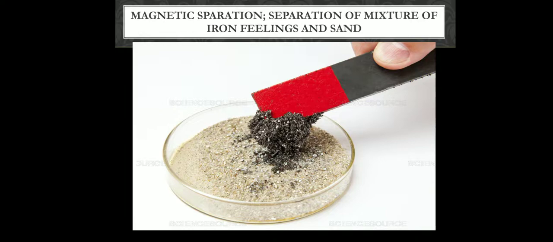You will observe that the iron filings get attracted towards the magnet and the sand is left behind in the dish. The magnet picks out only the iron filings from the sand. Thus the components of the mixture are separated. In this manner we can separate the iron filings and sand. This process is known as magnetic separation.